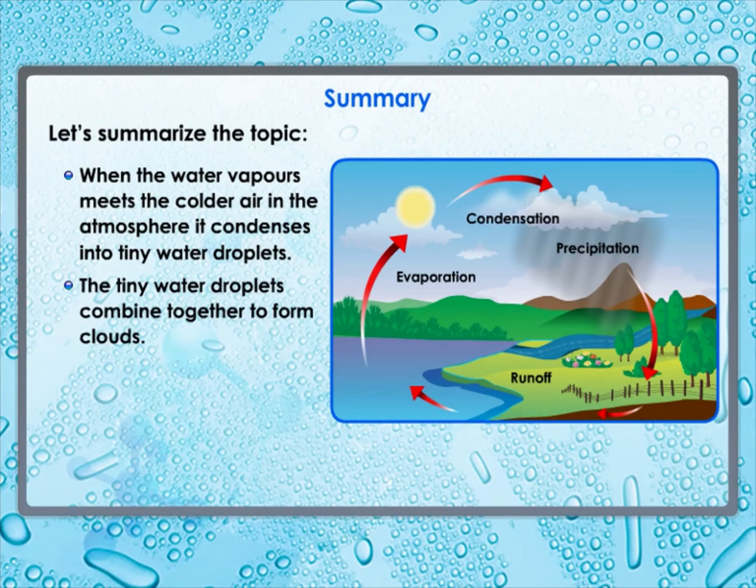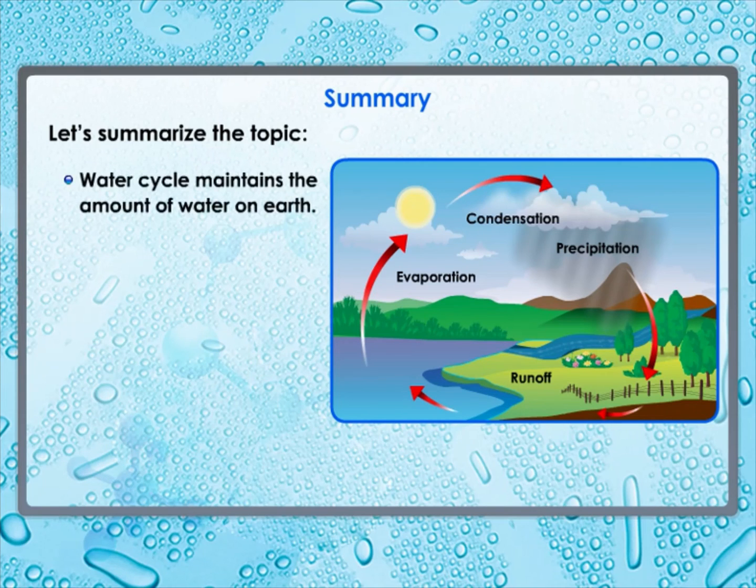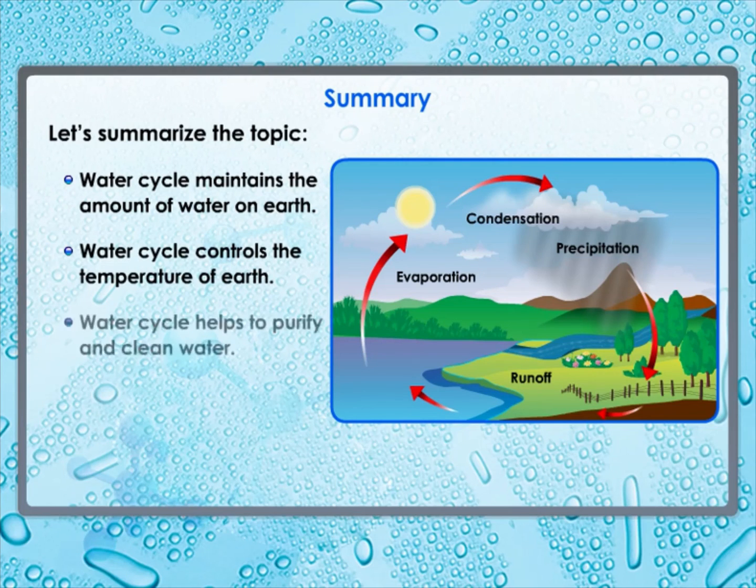The tiny water droplets combine together to form clouds. When the clouds become big and heavy, they fall to the ground as rain or snow. The whole process of water cycle repeats itself. Water cycle maintains the amount of water on Earth. Water cycle controls the temperature of the Earth. Water cycle helps to purify and clean water.